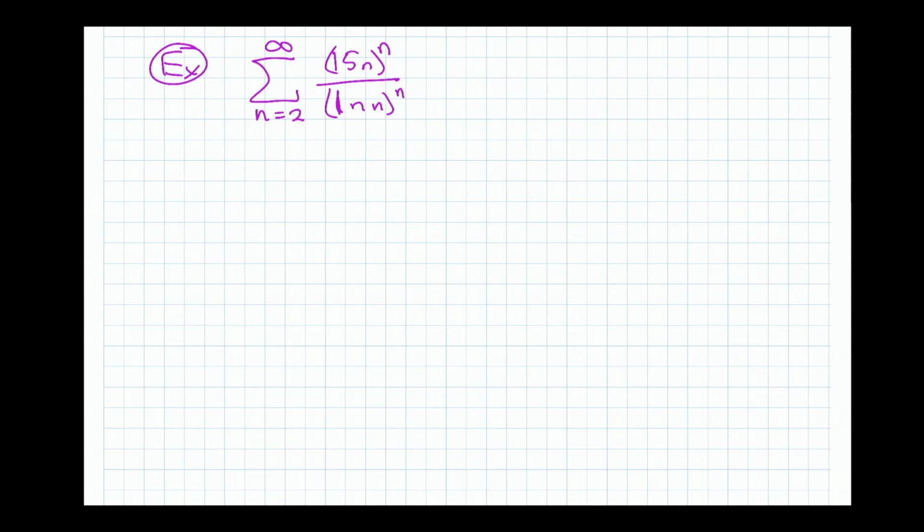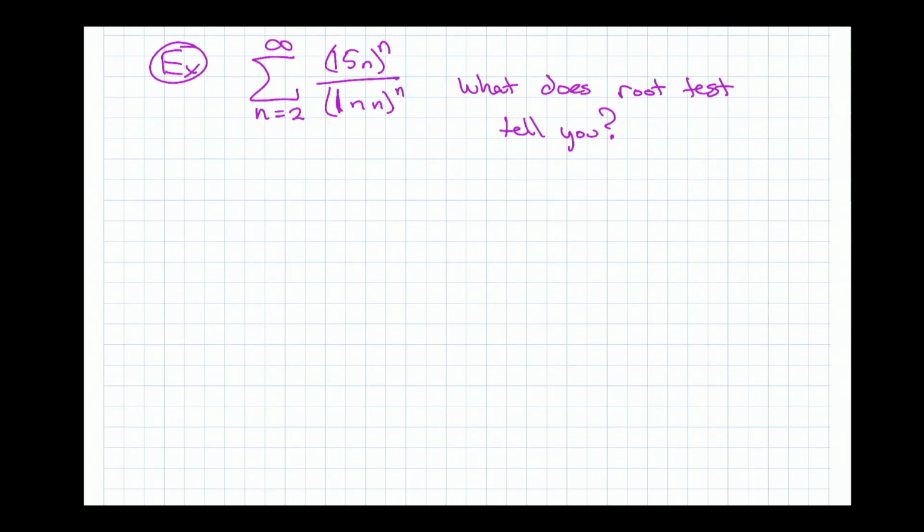It's hard to read. The question is: what does the root test tell you? Your choices are converges absolutely, diverges, or no information, so the three choices for L.